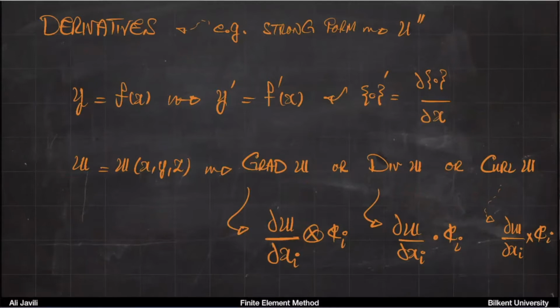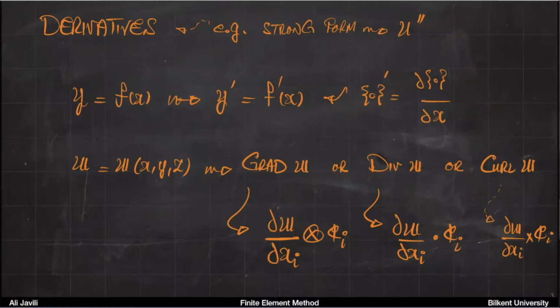The reason for that is that this prime, that usually in a one-dimensional problem, if you are dealing with scalar fields, prime means their derivative. Now, if you have a vectorial problem or tensorial problem, these derivatives have different versions or different natures.